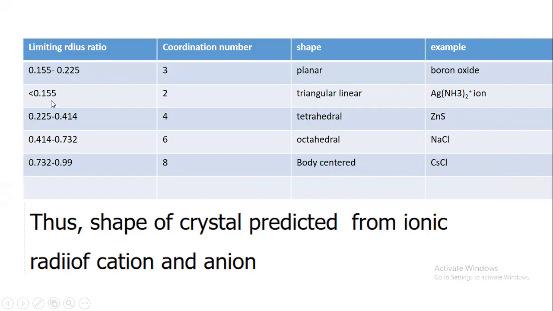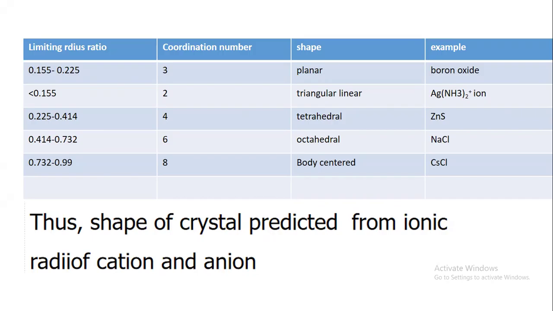Less than 0.155 gives coordination number 2, linear. 0.225 to 0.414 gives coordination number 4, tetrahedral, zinc sulfide, zinc blende. 0.414 to 0.732 gives coordination number 6, octahedral, sodium chloride. 0.732 to 0.999 gives coordination number 8, body centered, cesium chloride.